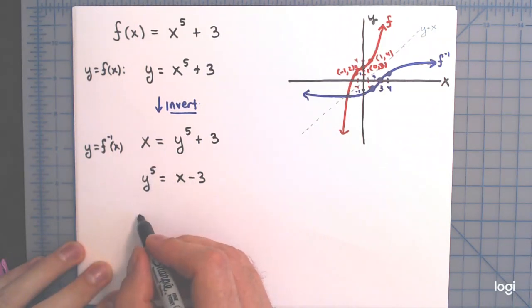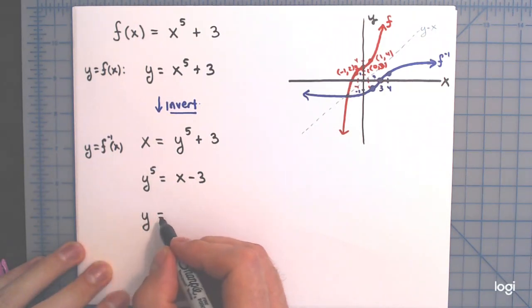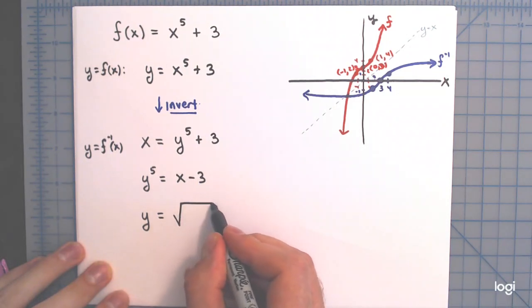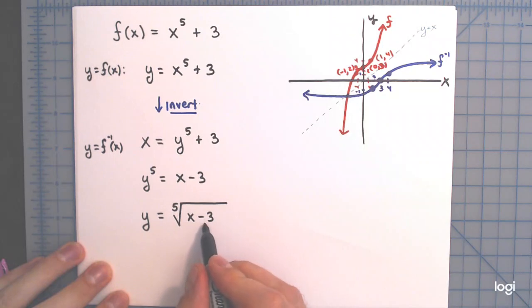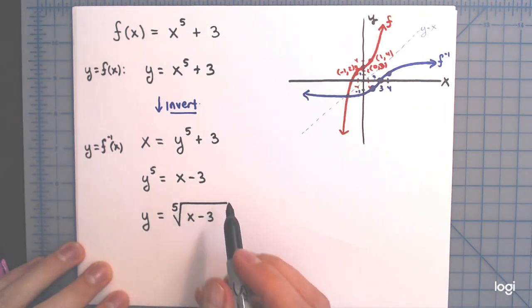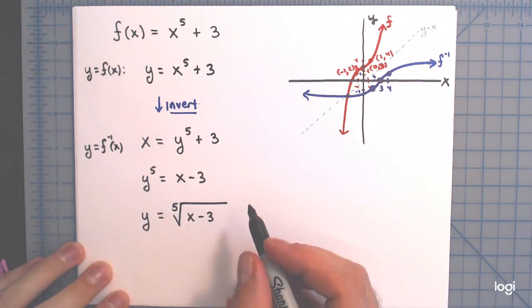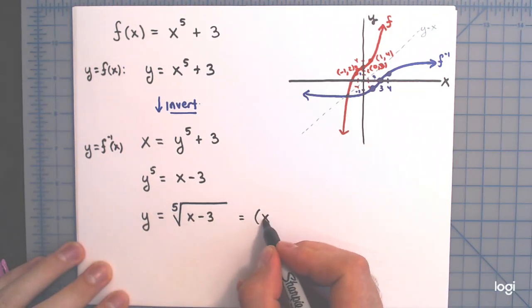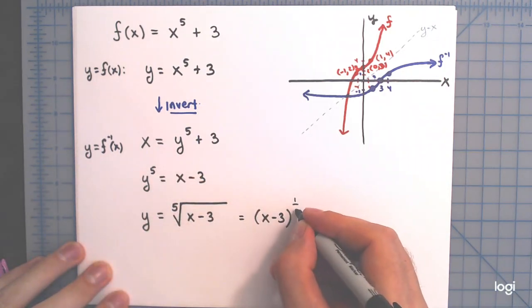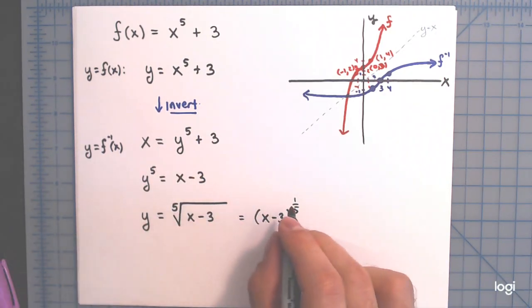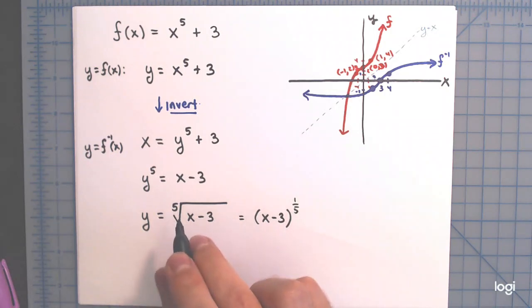So taking the fifth root of both sides, we have y on the left equals the fifth root of x minus 3, where x minus 3 is the entire radicand, all underneath the radical symbol. Or you could write this as x minus 3 to the 1/5 power. Like I said earlier, remember that relationship between fractional powers and roots.